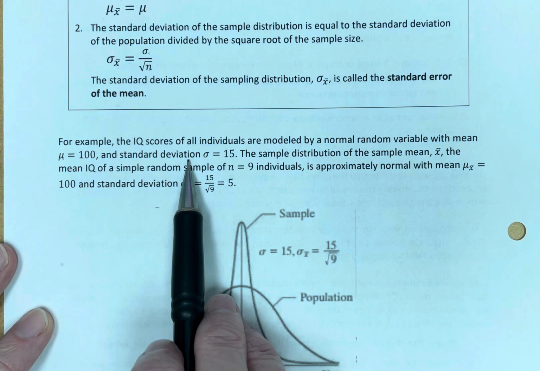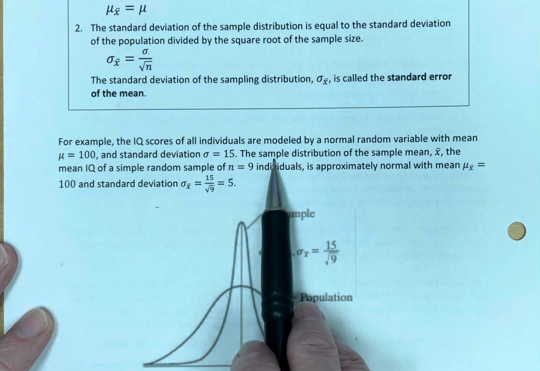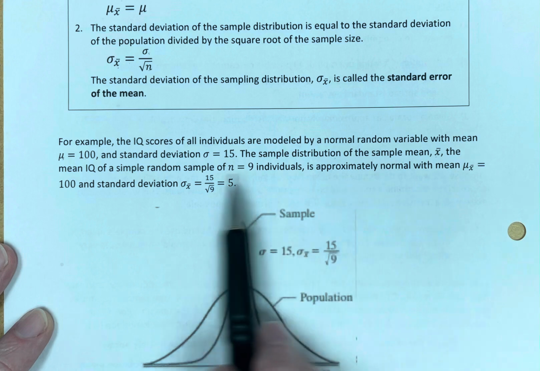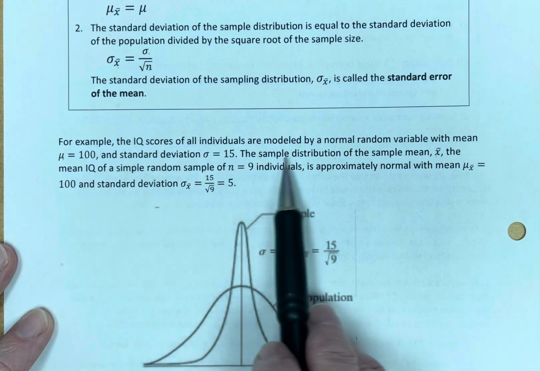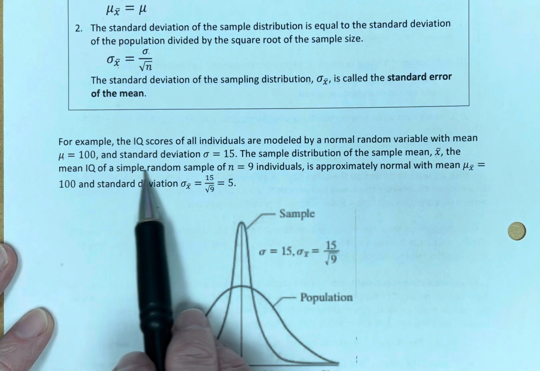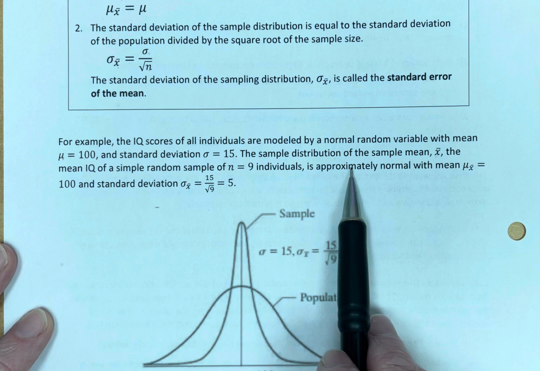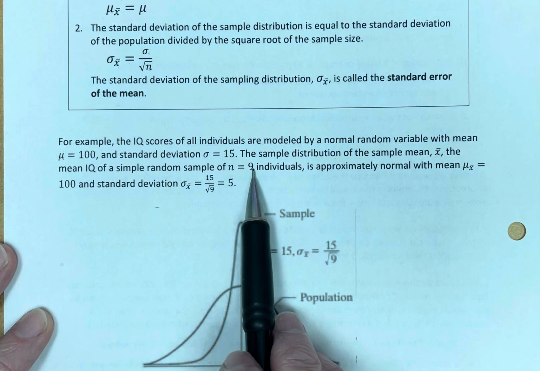And the standard deviation, sigma, is 15. The sampling distribution of the sample mean, X bar, the mean IQ of a simple random sample of 9 individuals, is approximately normal.